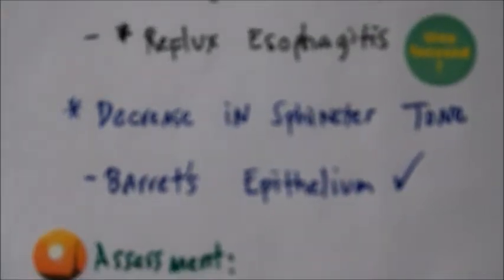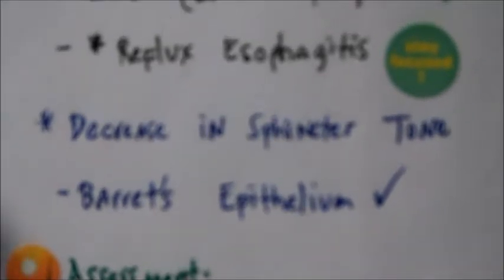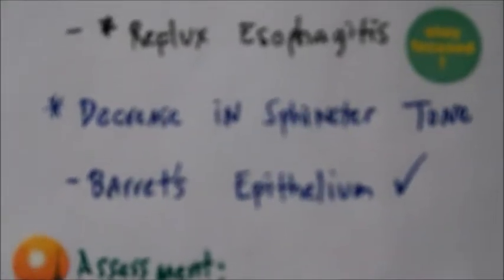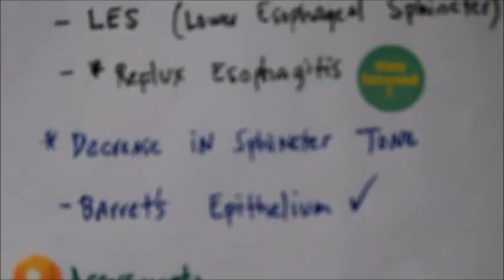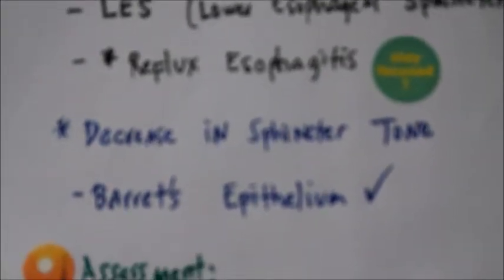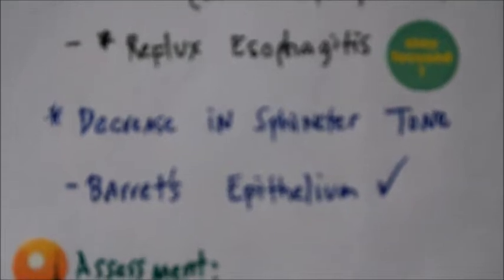And a big thing to know for this is that it's associated with an increased number of patients with GERD having cancer, okay, esophageal cancer and stomach cancer. So we do need to be mindful about that, okay?